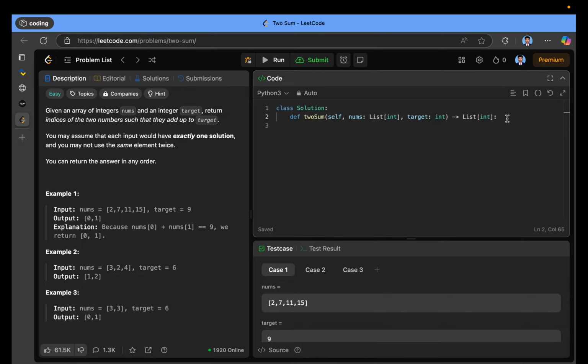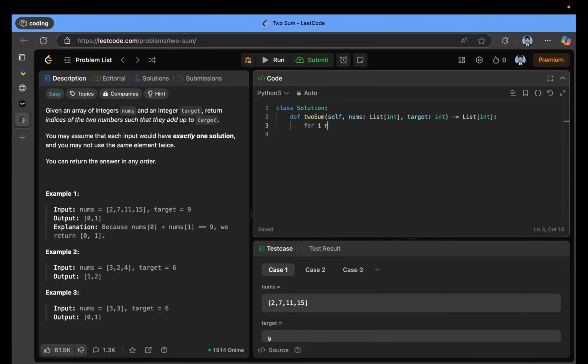For the brute force, I just have to go through each iteration. We don't need extra storage, because if we find an answer, I just have to return the indices.